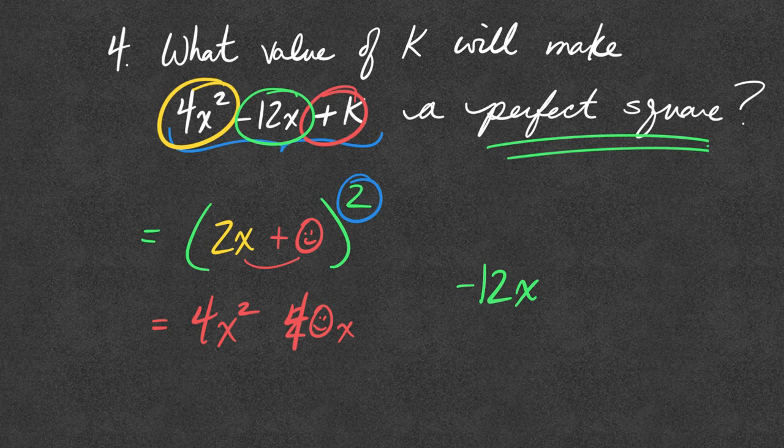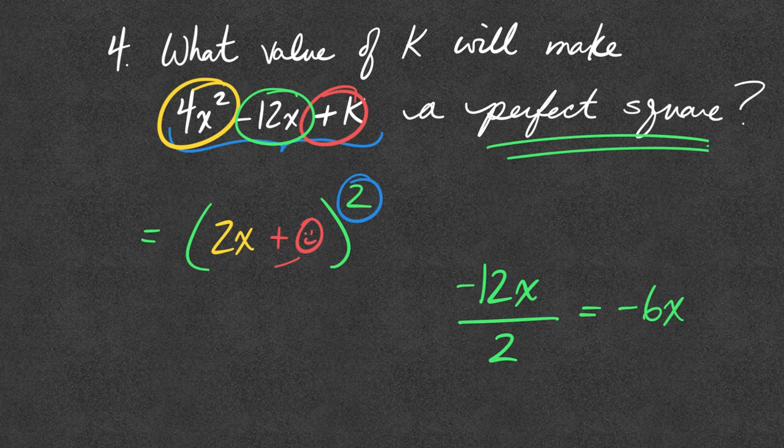So what I want to do is take that negative 12x and take half of it. If I know it came together by being doubled, then to go backwards I take half. Half of that is negative 6x. I'm going to get rid of my happy face stuff so we don't get confused by it.